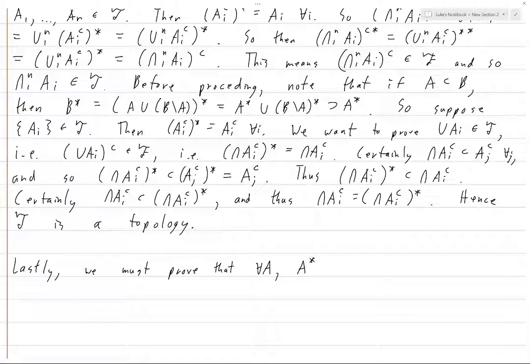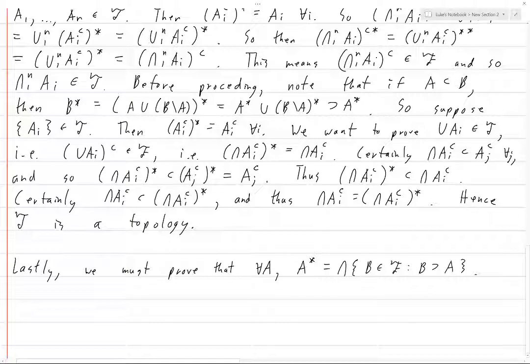So the Kuratowski closure of a set is just A star, and the standard definition of closure is that you take the intersection of all closed sets such that the closed set contains the set in question, which is A.